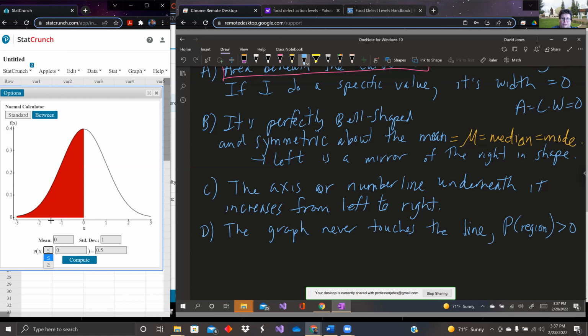It can never equal 0. It can be infinitely small, almost undetectable by the human eye, but there is always a very, very small probability.